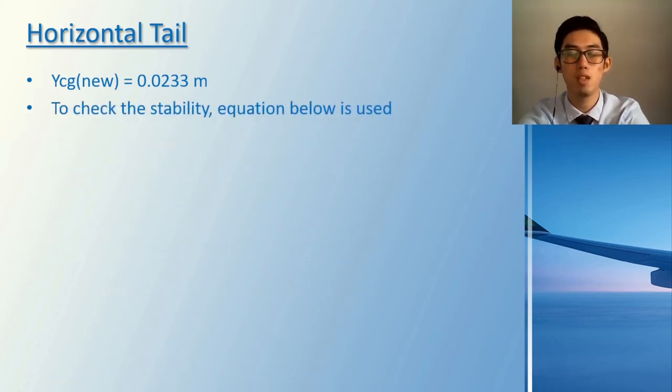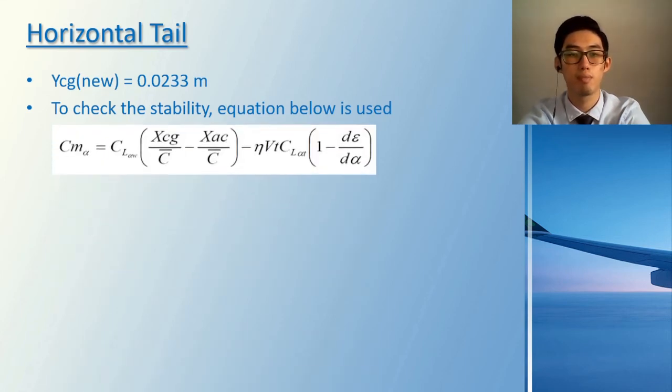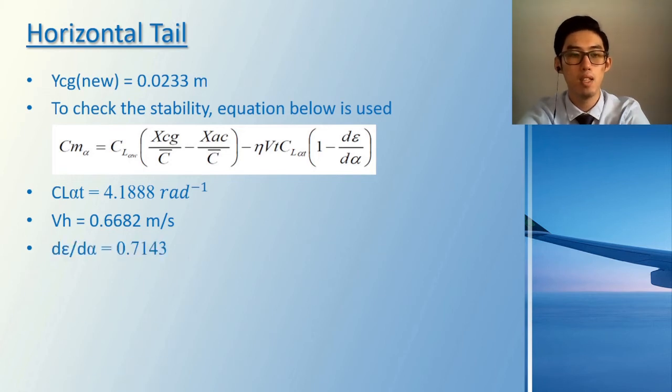To check the stability of the paper aeroplane, the equation below will be used. CL alpha T equal to 4.1888 per radian. VH equal to 0.6682. d epsilon over d alpha equal to 0.7143. By inserting these values, Cm alpha equal to negative 0.6846 per radian.